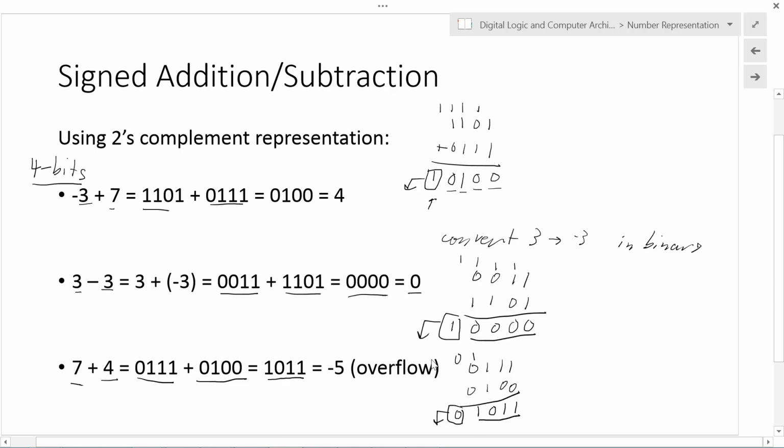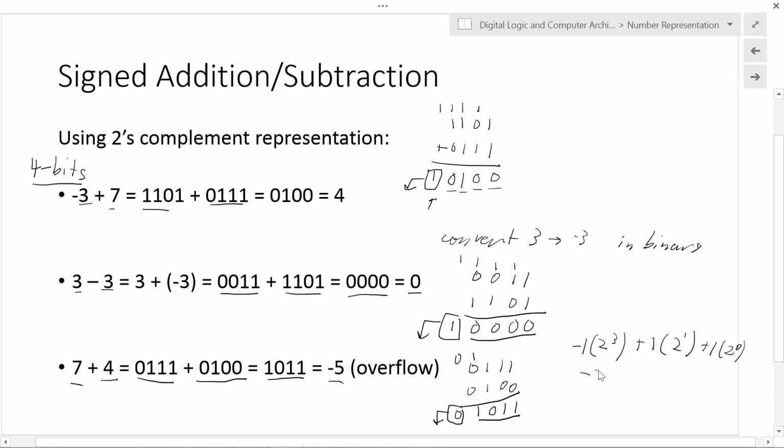Notice that we have it the same here, but when we convert it, it becomes -5. Why? Because we have 1 times minus 2 to the 3 plus 1 times 2 to the 1 plus 1 times 2 to the 0.